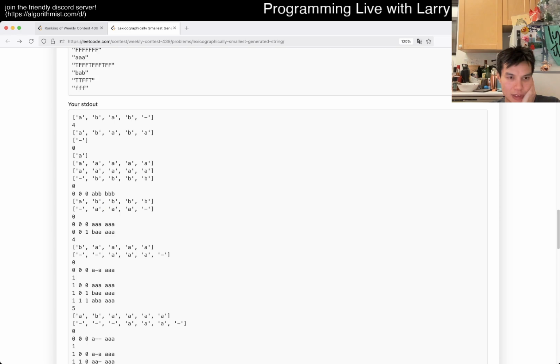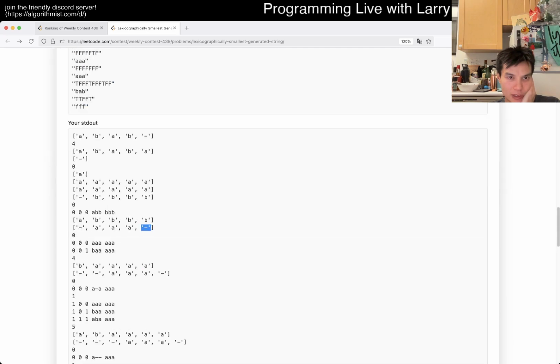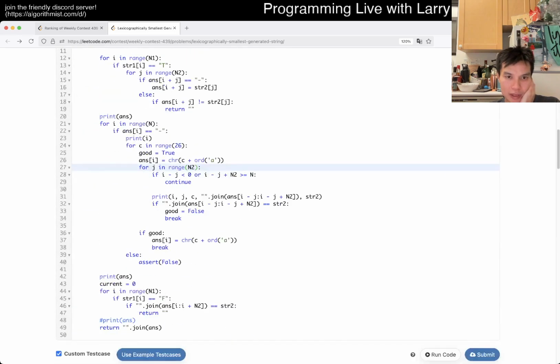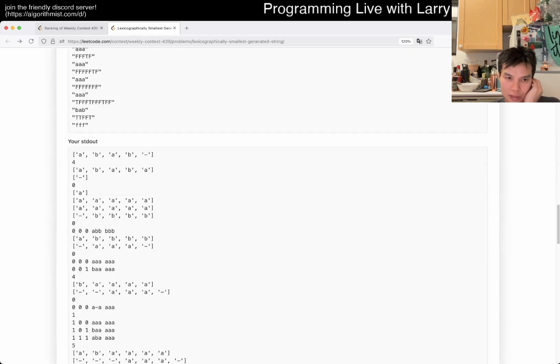If j is 0, then offset starts here. This is the first character. 1, 2, 3, 4. Yeah, I mean, this should be right. And this is printing, right?